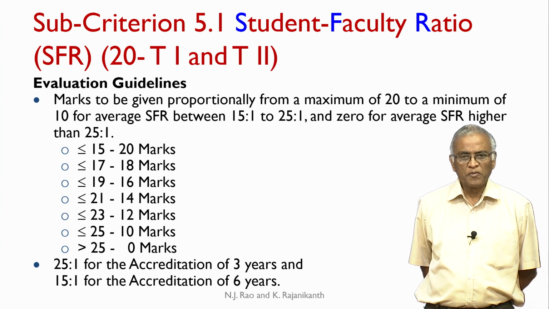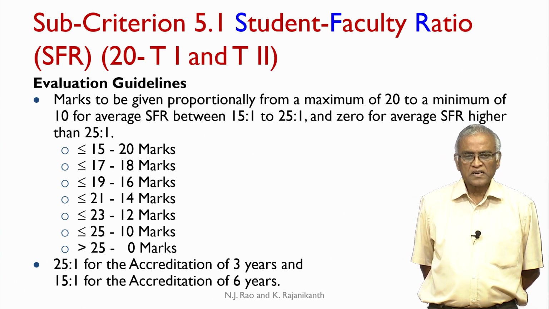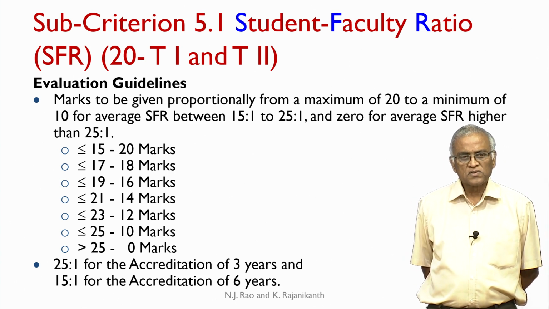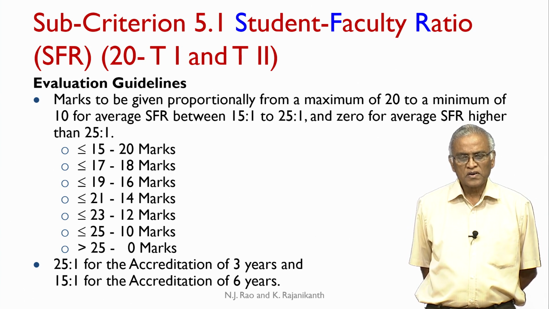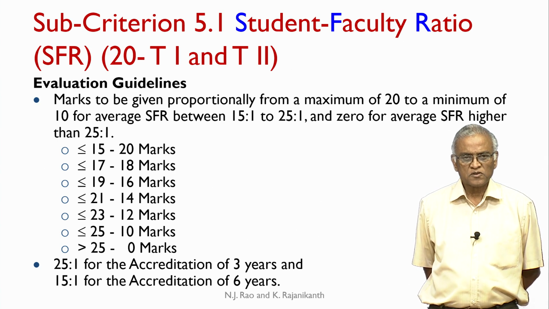However well you perform on other counts, the accreditation is for 3 years, and if you want accreditation for 6 years, you need to have a 15:1 ratio for SFR. That needs to be remembered.